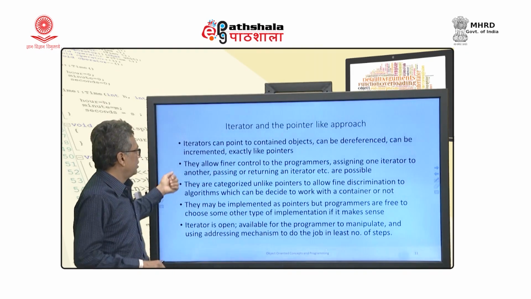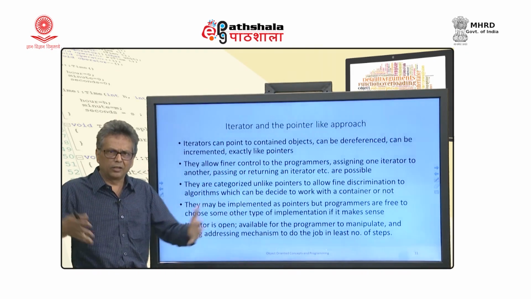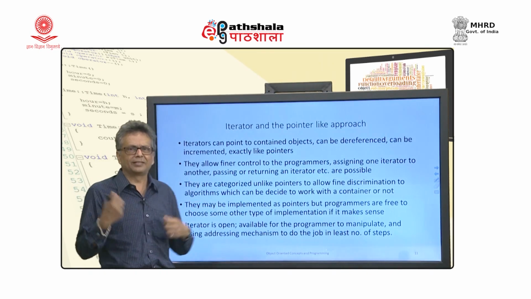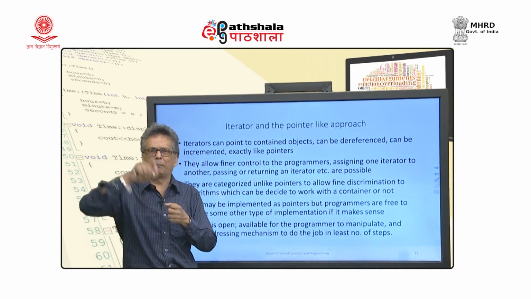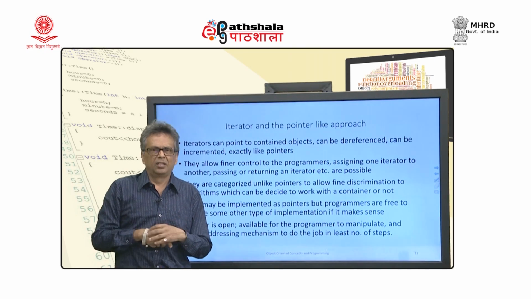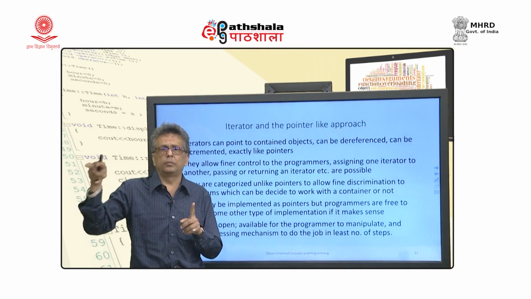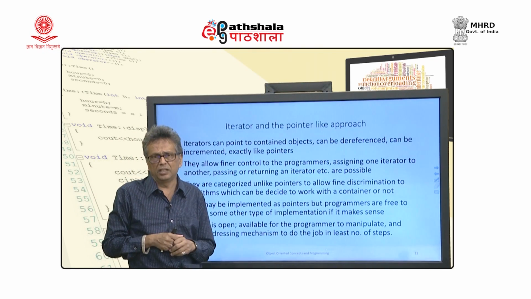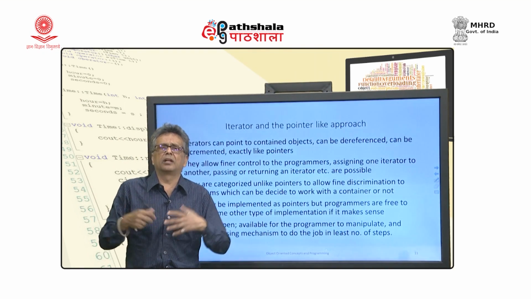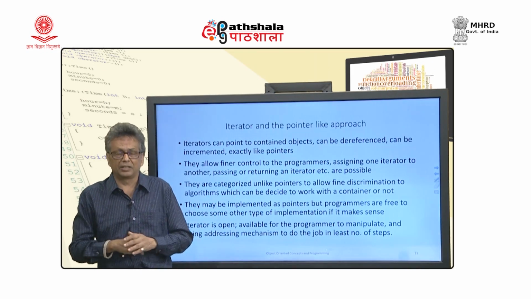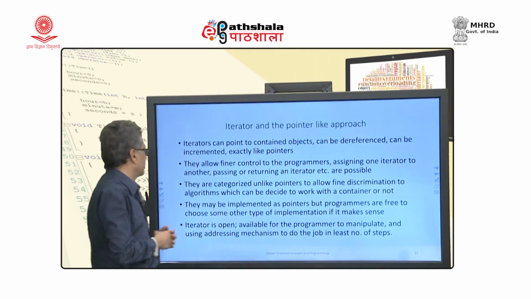They provide that fine control to the programmer. For example, assigning one iterator to the other and jumping from one place to the other, and you do it very fast. In case of a file, if you want to jump to the 10th element, it is not very easy. In case of an iterator, you just say p plus 10 and you jump to the 10th element. That is the power of the iterator.